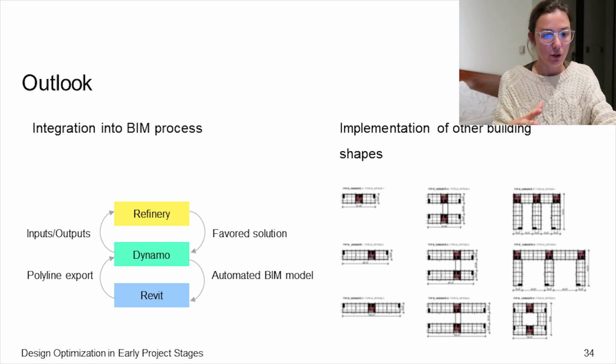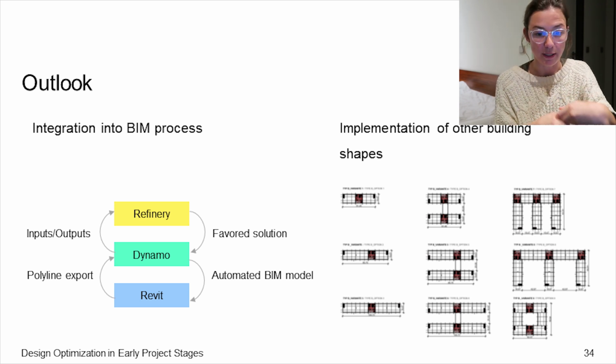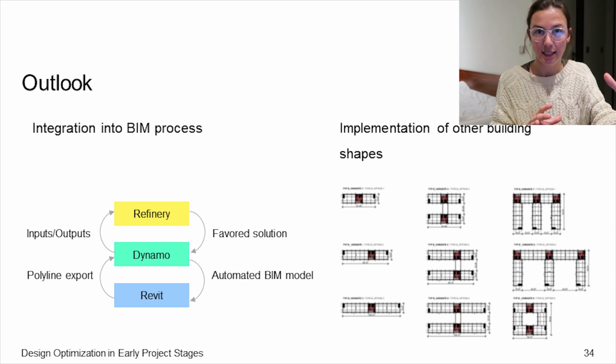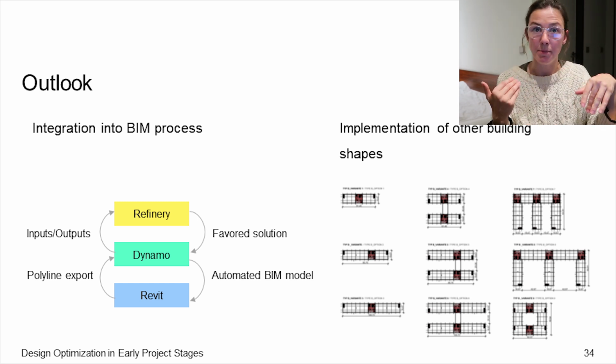So as an outlook, it would of course be important to also implement the other building shapes that exist in the Siemens Construction Excellence, and then implement the whole process into a BIM environment.